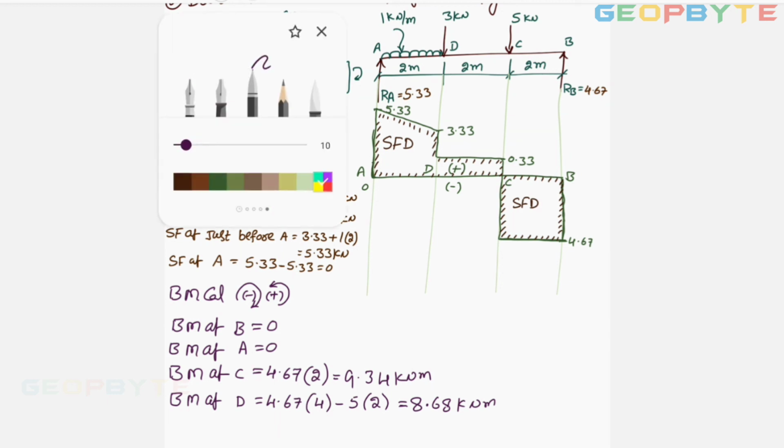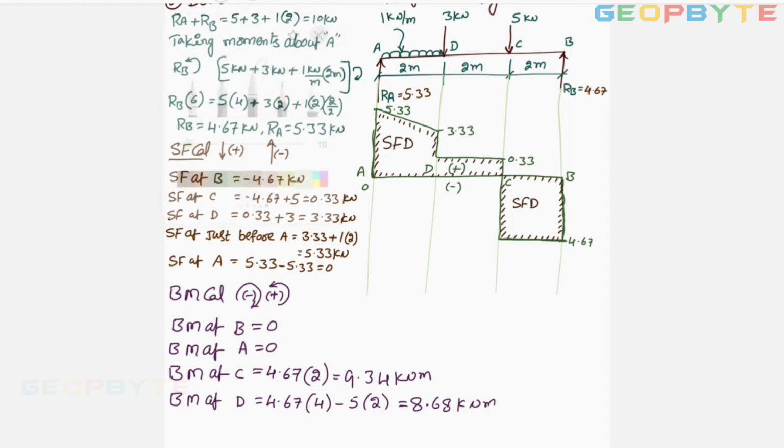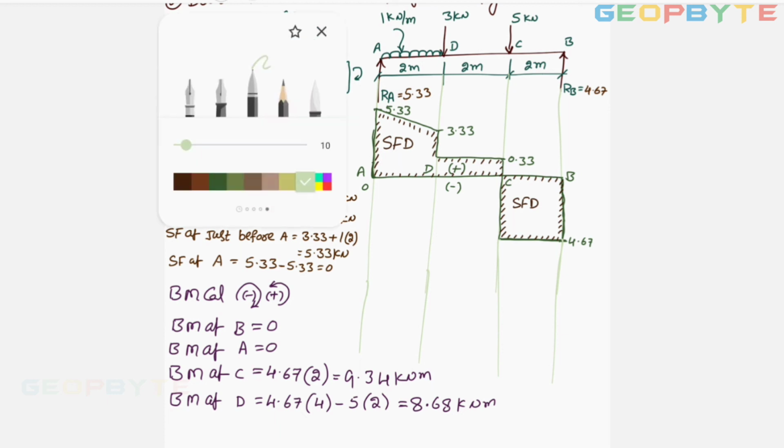Now let us construct the bending moment diagram. Project the reference lines, vertical lines. The BMD should not be drawn separately. BMD should be drawn under the shear force diagram only.